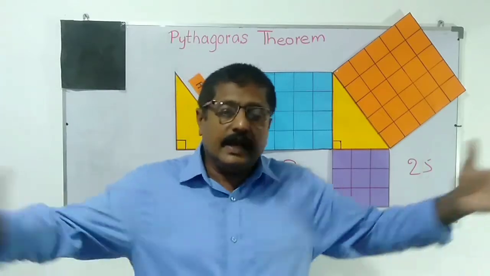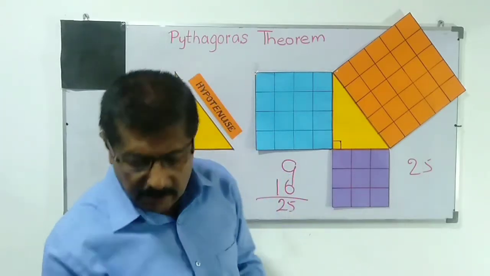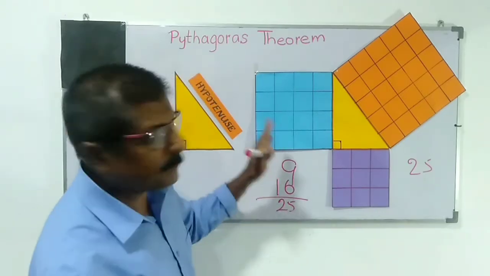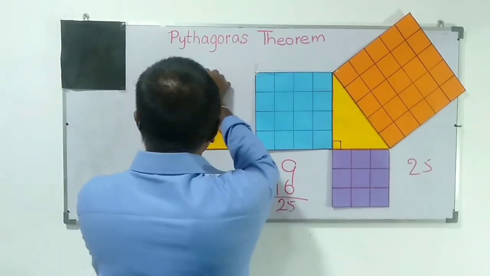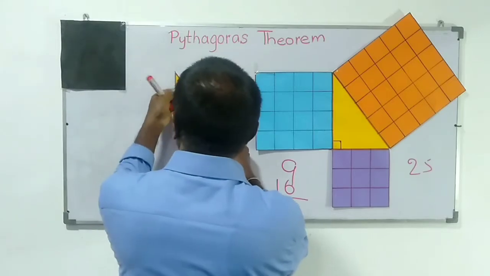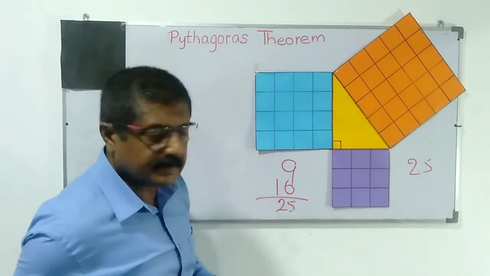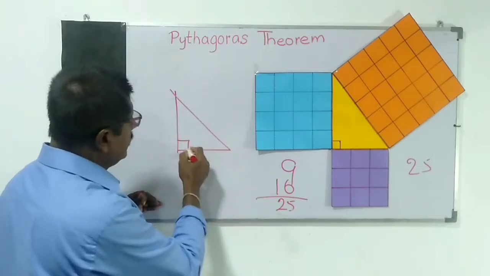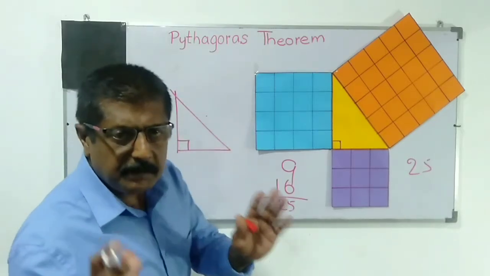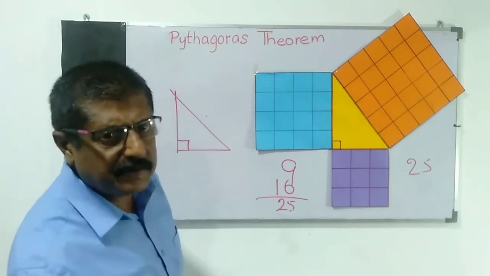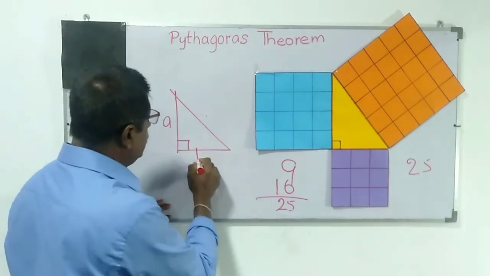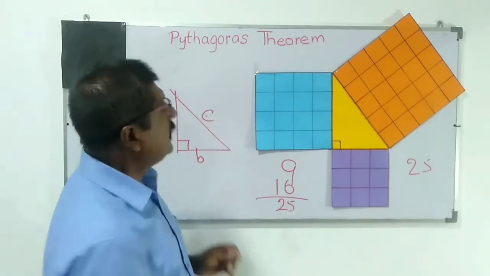But this is a very lengthy sentence. We can shorten it to maths like this. Now I am going to remove this. It is like this. Here you are. If this is a right angle triangle, this is the hypotenuse. Now I will name the three sides as A, B and C. Let C be the hypotenuse. A, B, C. C is the hypotenuse.